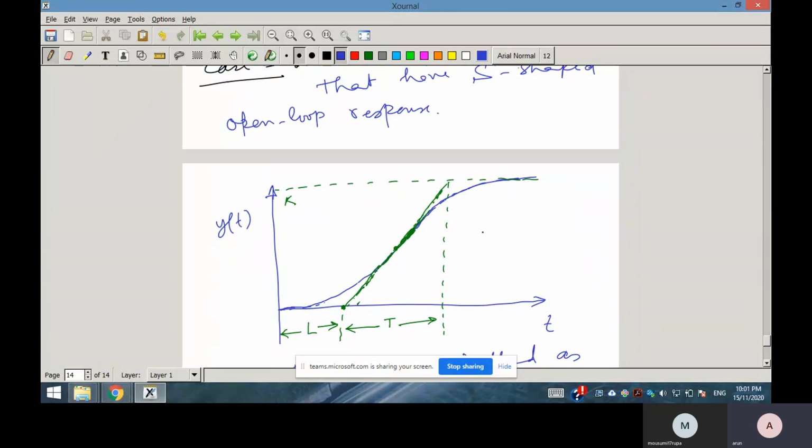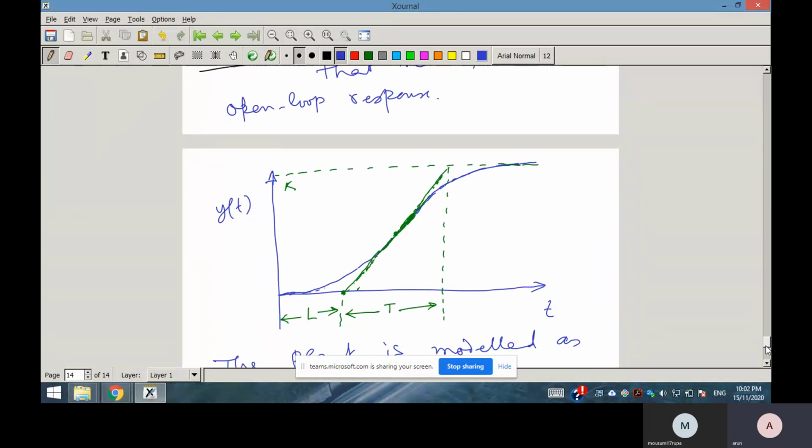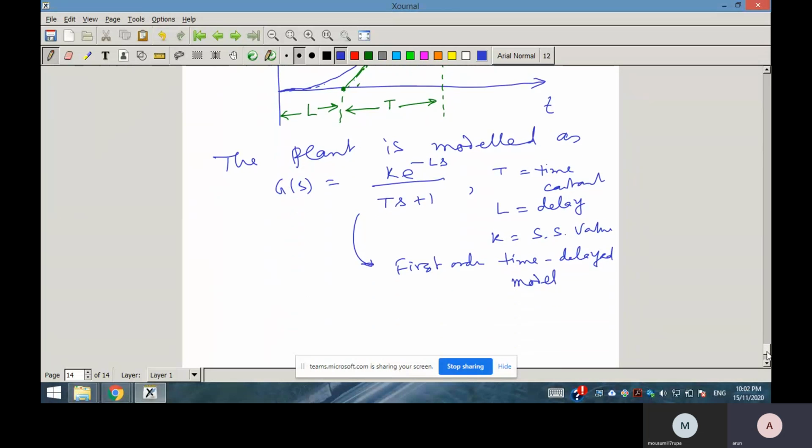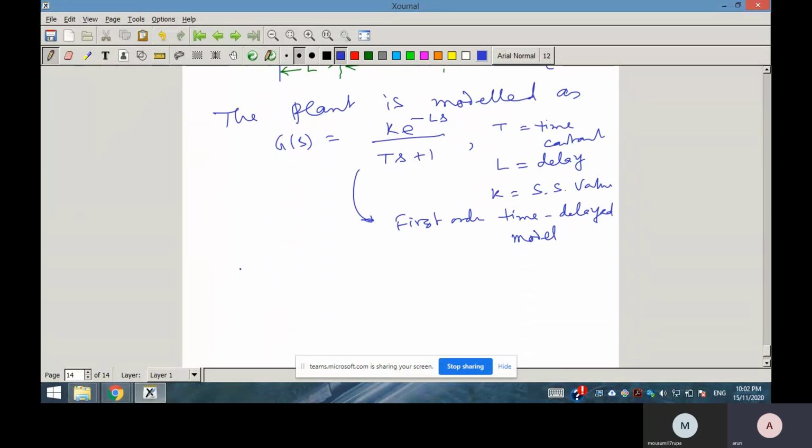The system model may be higher order, or maybe it is unknown, but the input output response is known, and it has S-shaped characteristics. Then you can model it like this, and consequently your tuning rule is like this.